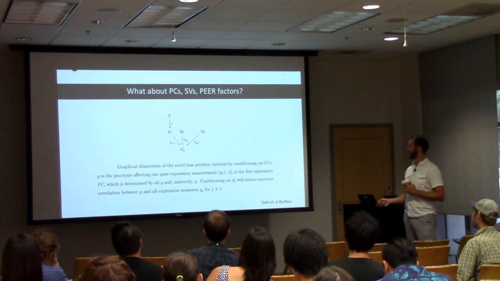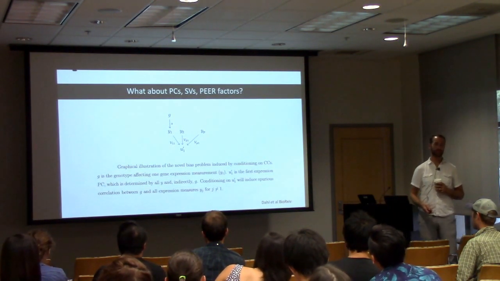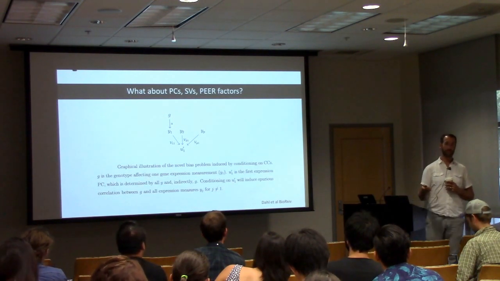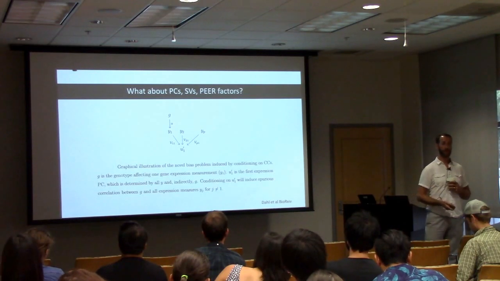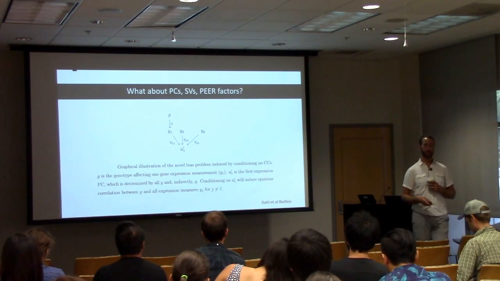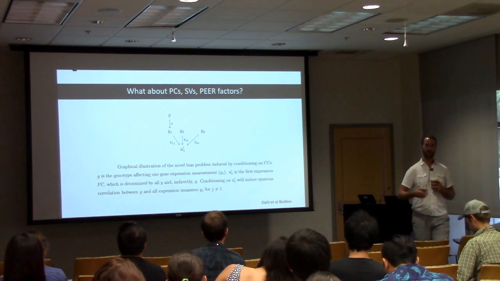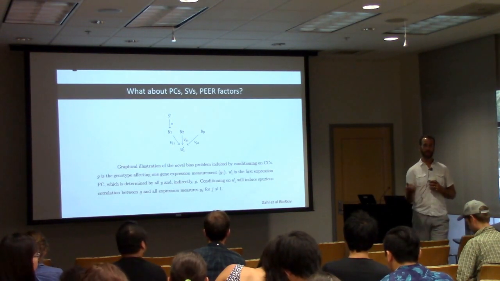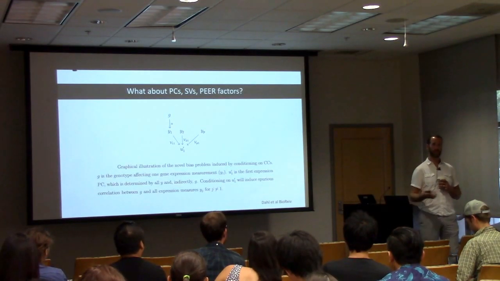Okay, and then just to end up, I want to talk about some work that Andy's been doing, thinking about the use of PCs or SVs or PEER factors when you're doing gene expression analyses. In these studies, you make these new covariates, and they're not necessarily there for correcting for structure. You're worried about batch effects and all of this noise living in your gene expression data.